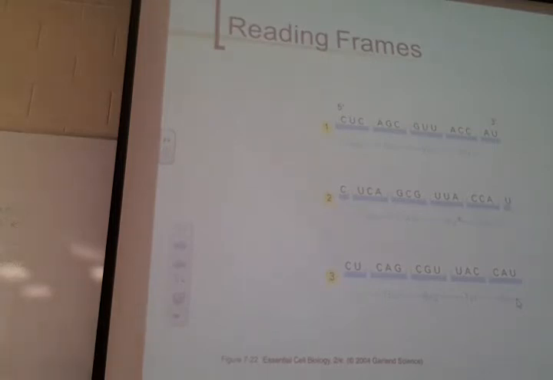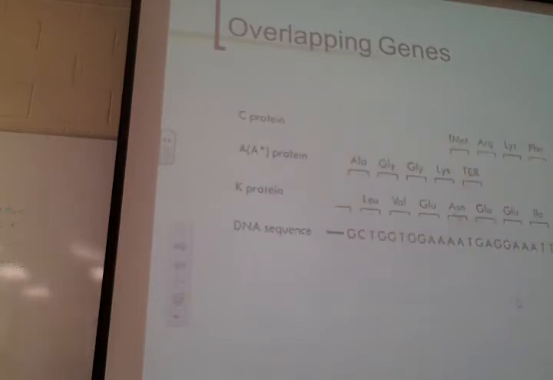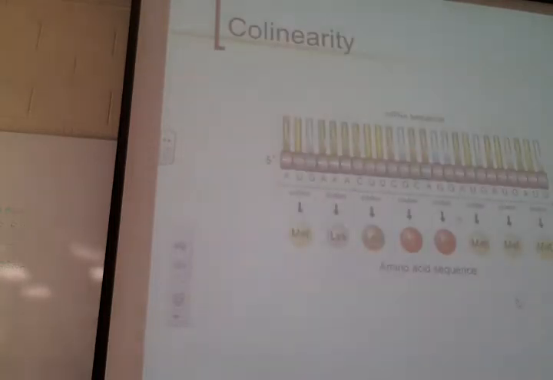Okay, so: triplet code, redundant code, translational start and stop codons, nearly universal, mostly non-overlapping. And the final major characteristic of the genetic code, and this one does seem to be always true, is that it is collinear, which is shown in this picture.